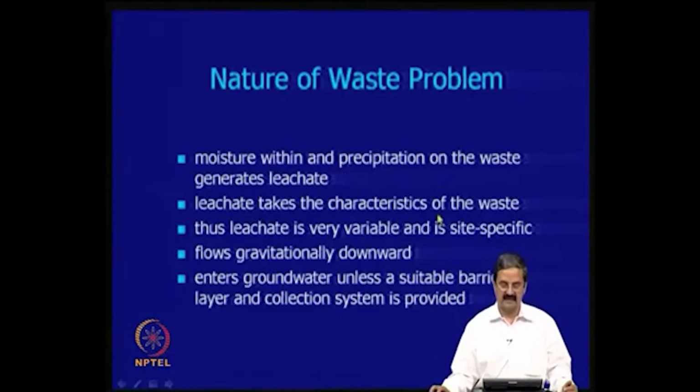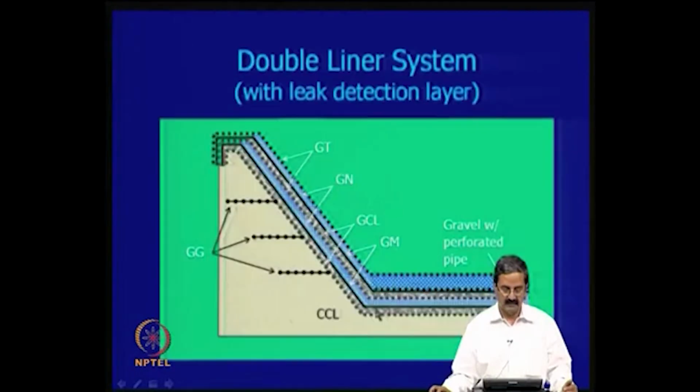Leachate takes the characteristics of the waste, it is highly variable and site specific, and the flow is always downwards. We should see that the groundwater is not contaminated because of this leachate travel, and you need a suitable barrier and a clay leachate collection system.